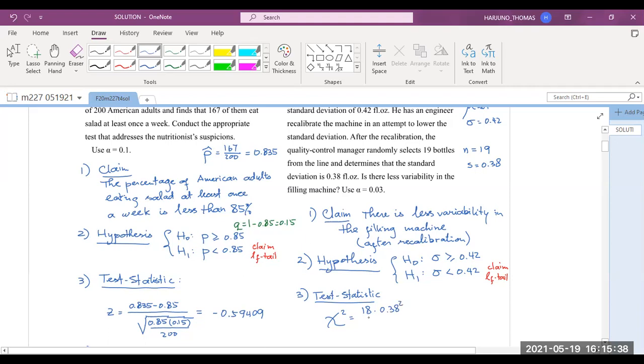Don't forget, you need to square it because 0.38 is the standard deviation. That's 18 times 0.38 squared over 0.42 squared. I get 14.73469.